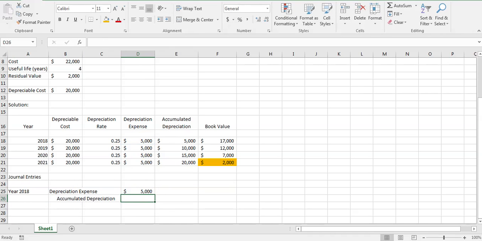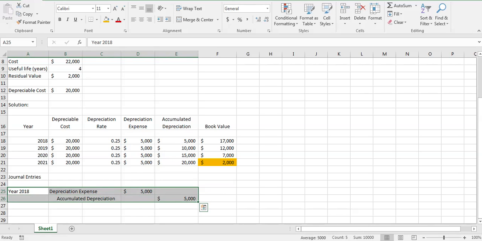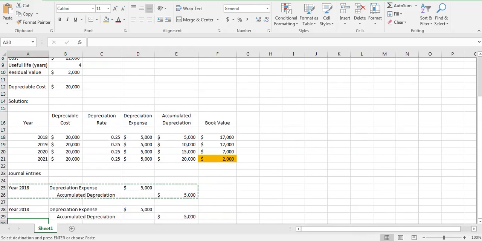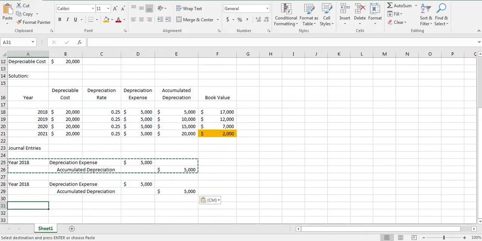Now let's work with the journal entries, and now we are putting together the depreciation expense and the accumulated depreciation. Remember, since it is straight line, every year you will have the same amount. It is the same amount for depreciation expense, the same amount for accumulated depreciation.